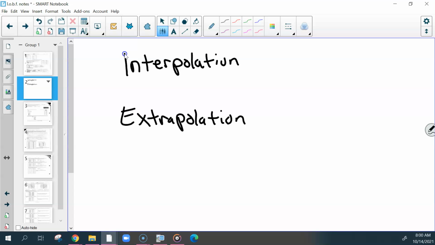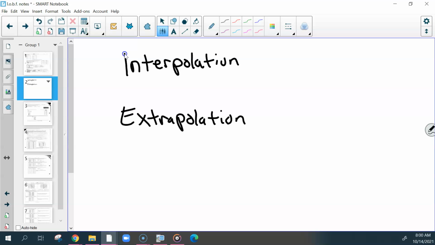Interpolation, extrapolation. So I'm going to give you a brief summary definition of what these mean.